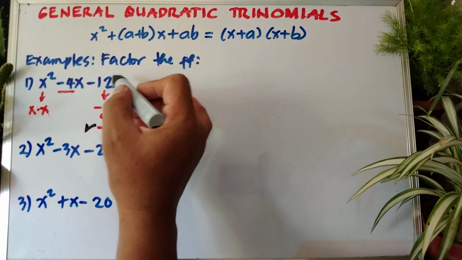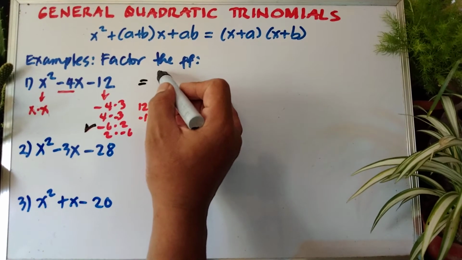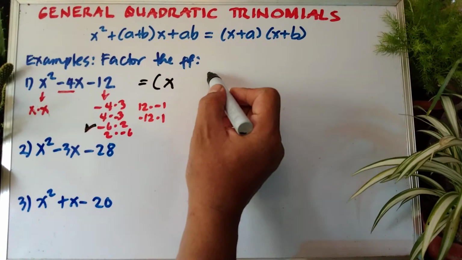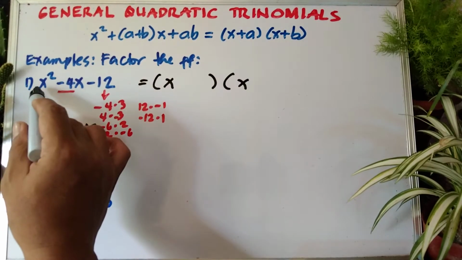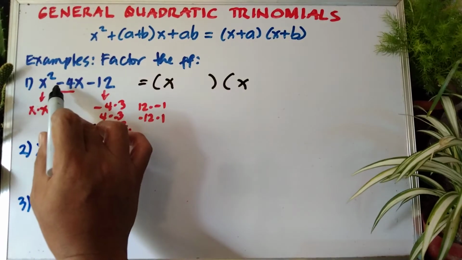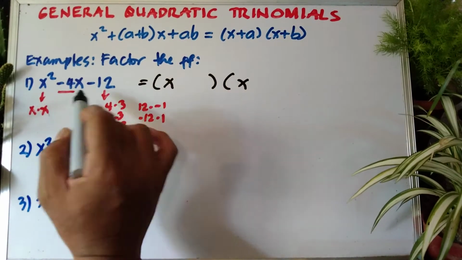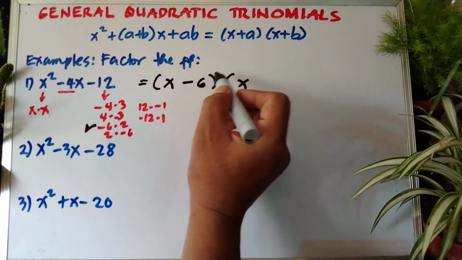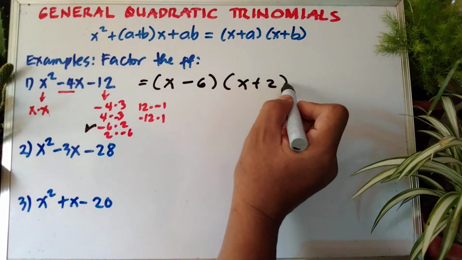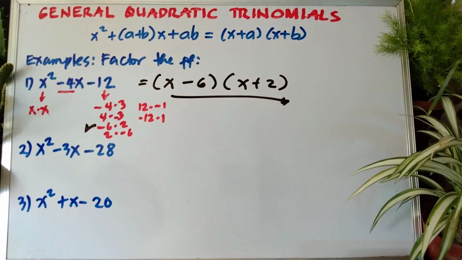So the factored form of number 1, you write x, which is the factors of the x squared. Since this is minus, look at this one, the factors negative 6 and 2. You could have (x minus 6)(x plus 2). That's it, simple as that.